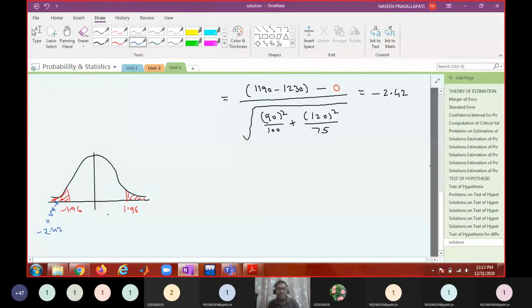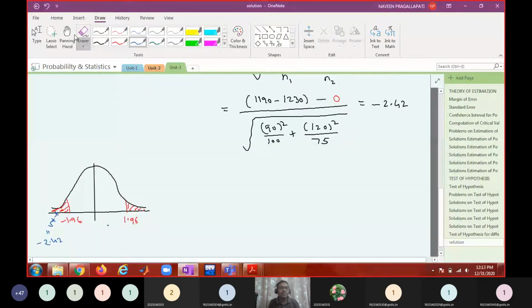Okay. Now what is your decision? Since modulus of S star is greater than Z alpha by 2, modulus of S cap, meaning 2.42, is greater than 1.96.